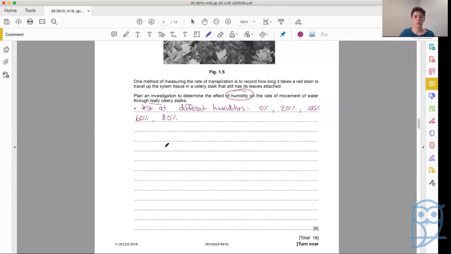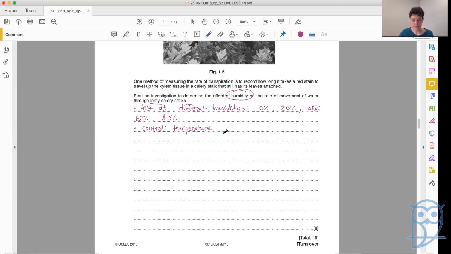Okay, so what are we going to control? If we want to test humidity, we have to control every other variable. So we're going to control temperature, of course, because we were reminded in the previous one that temperature was a factor.